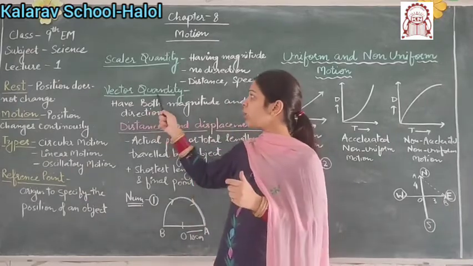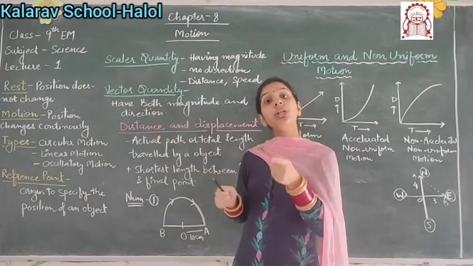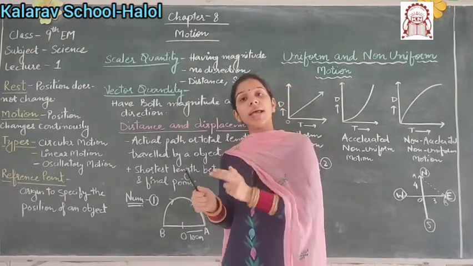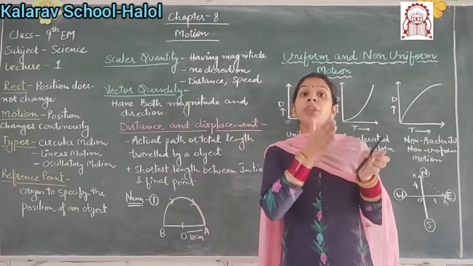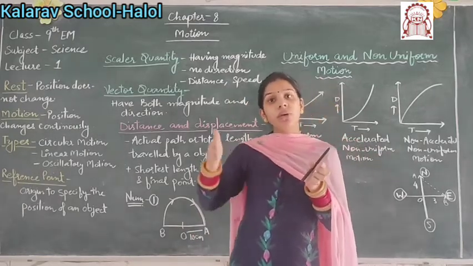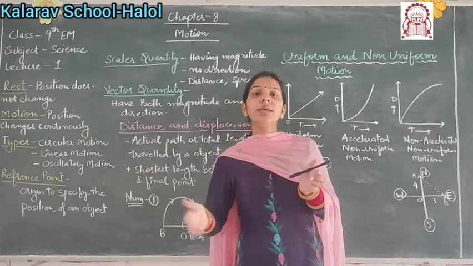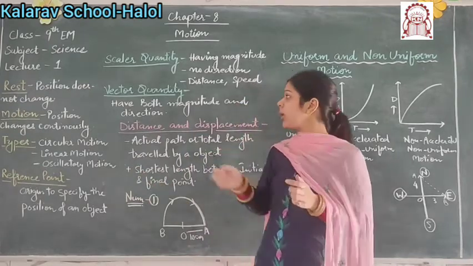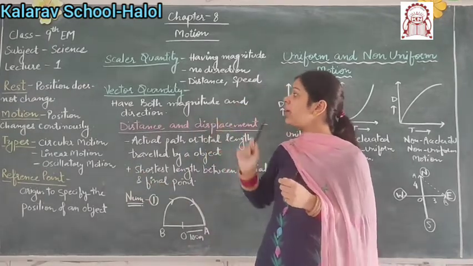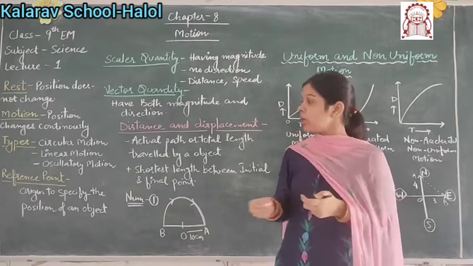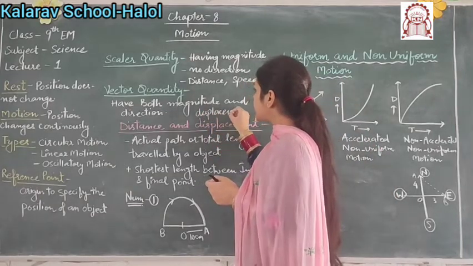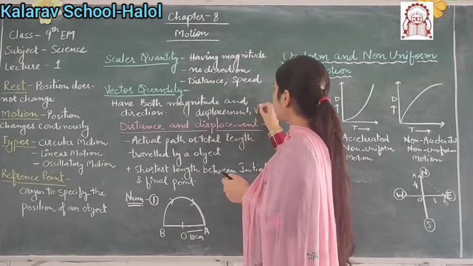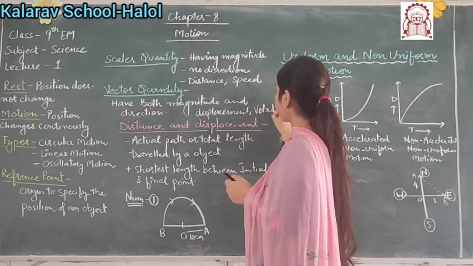That's why a vector quantity has both magnitude as well as direction, because I said I travel 5 kilometers towards east. Examples of vector quantity are, number one, displacement, and number two, velocity.